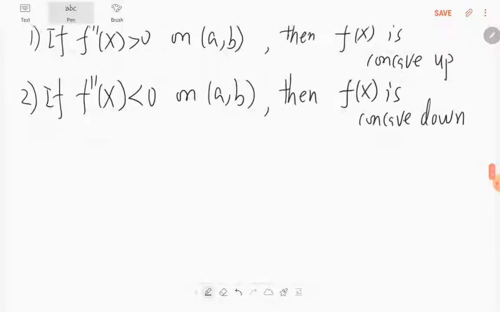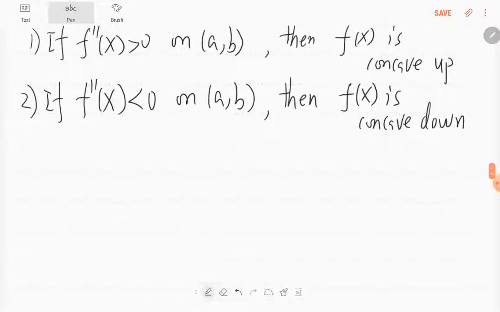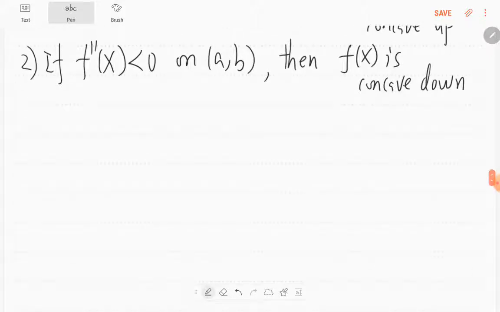So there is a very important value where the second derivative equals 0, right? This will give you the next definition, which is called the inflection point.